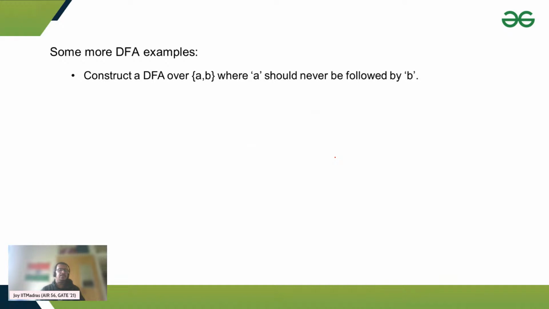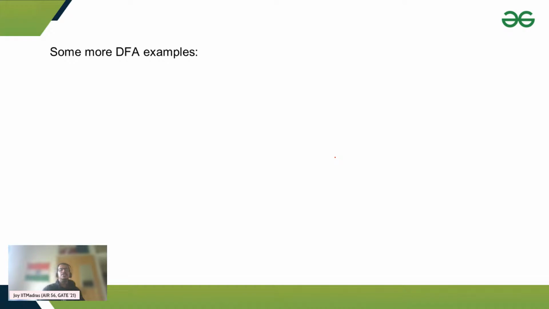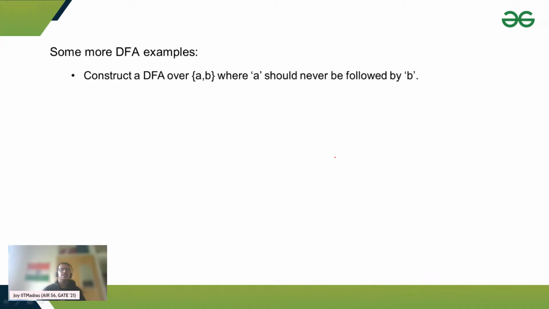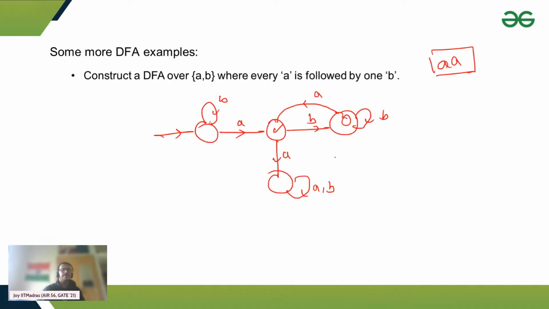The next example is to construct a DFA over {a, b} where A should never be followed by B. In the previous example, it said that A should be followed by one B, and in this example it says that A should never be followed by B. Can you find any similarity between these two questions?